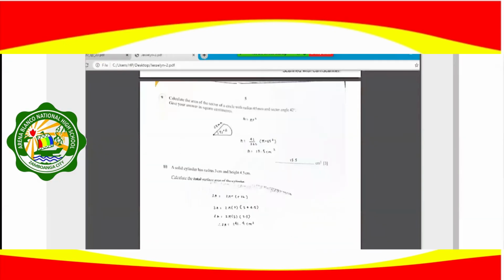You see, you do not know already what I just read. Okay, Jesseline, the formula for getting the surface area of a cylinder is equal to 2 pi r squared plus 2 pi r h. Now, where did you get this? Since you know that 2 pi r is common to the first and the second term, we take it out. So that is why 2 pi r times r plus h.